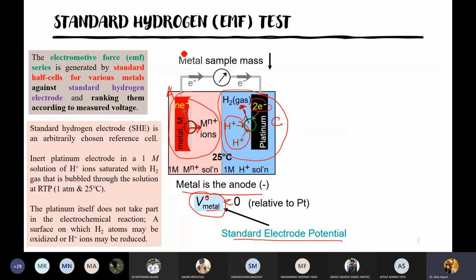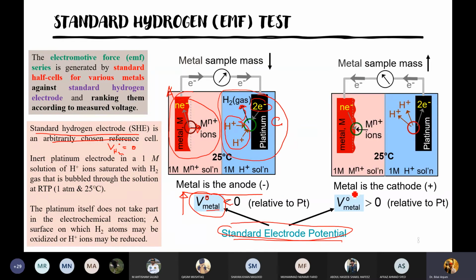So for the electrode potential, you assume that the standard hydrogen electrode, arbitrarily chosen, has a potential of 0. In this case, where the metal becomes the anode, the potential of the metal would be less than the standard hydrogen electrode.